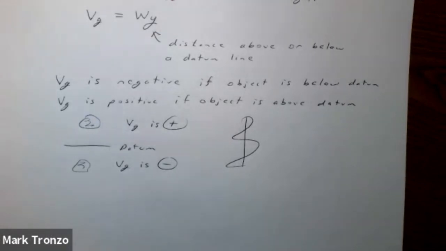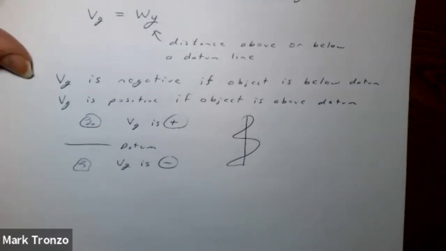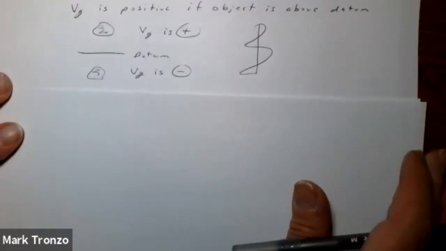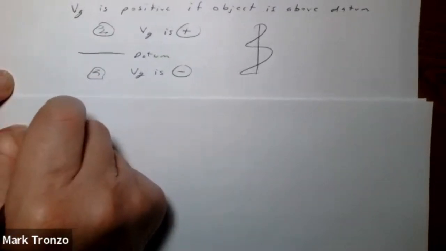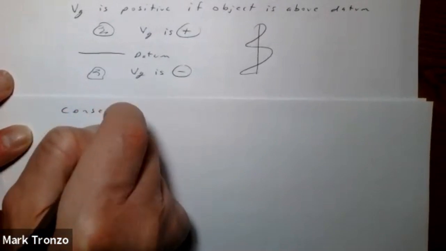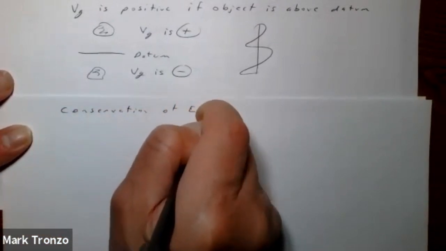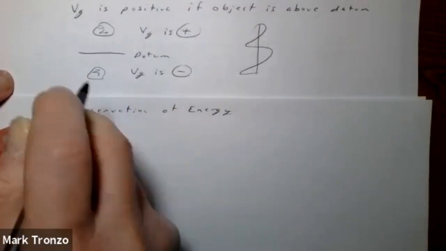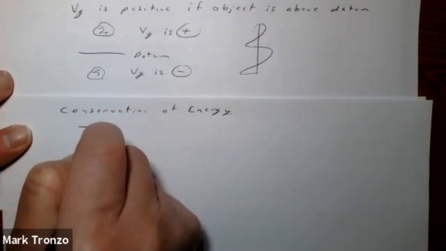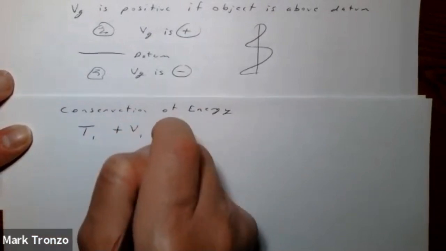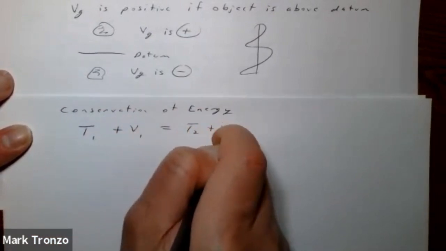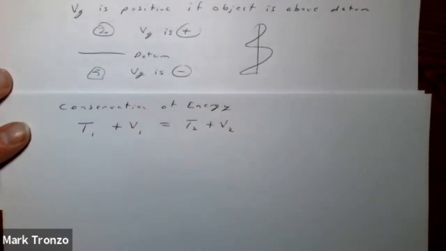So in this section, we're going to do conservation of energy. And it's going to be T1 plus V1 equals T2 plus V2.